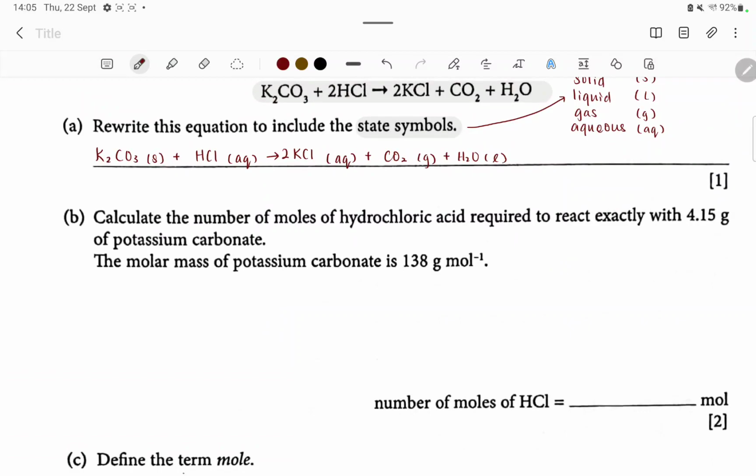Calculate the number of moles of hydrochloric acid required to react exactly with, they give you the mass of potassium carbonate. And the molar mass is 138 gram per mole. So first things first, we find the number of moles of potassium carbonate first.